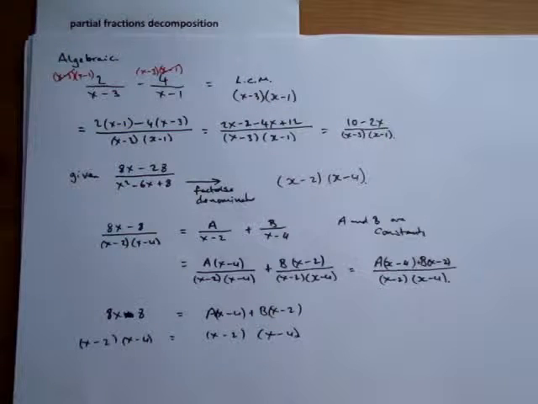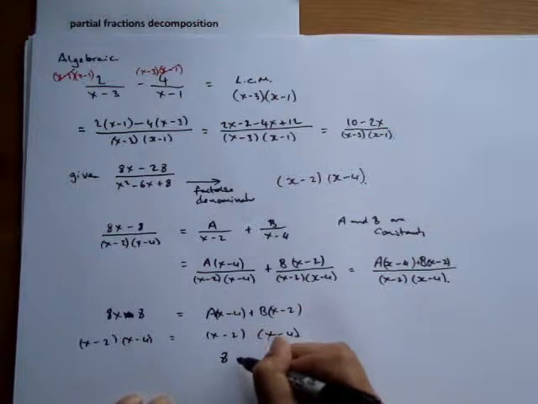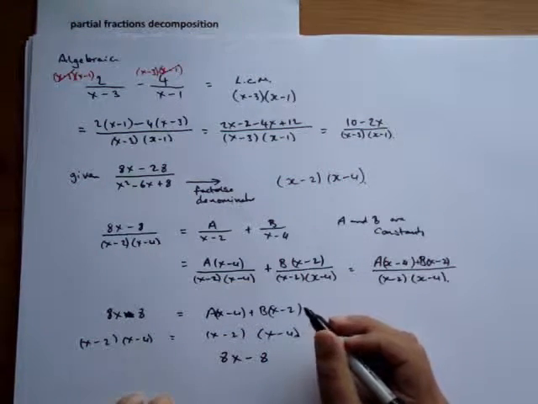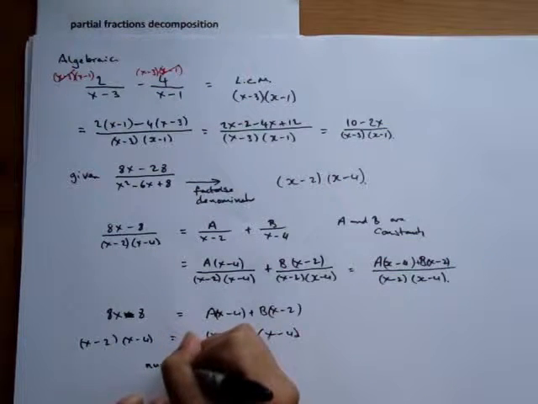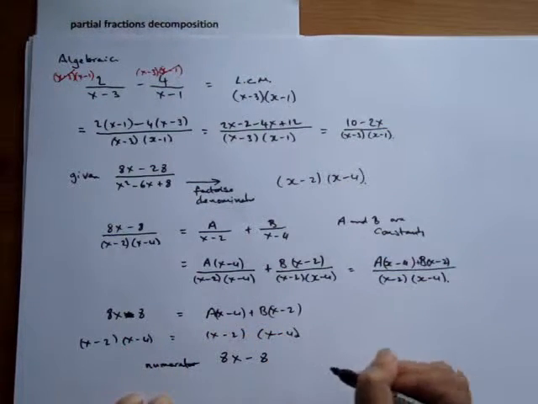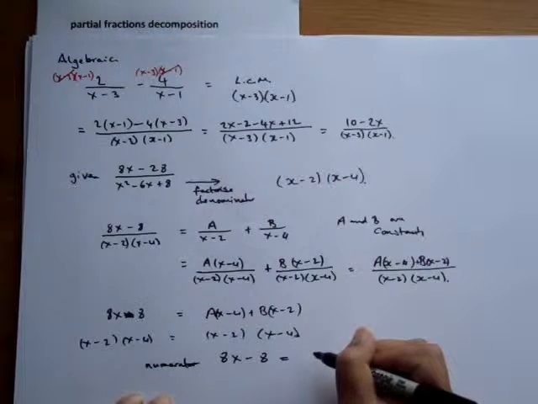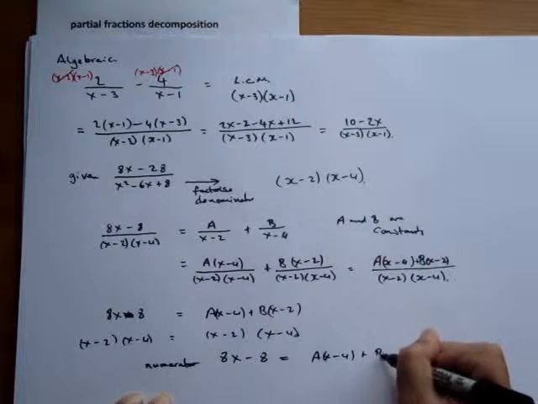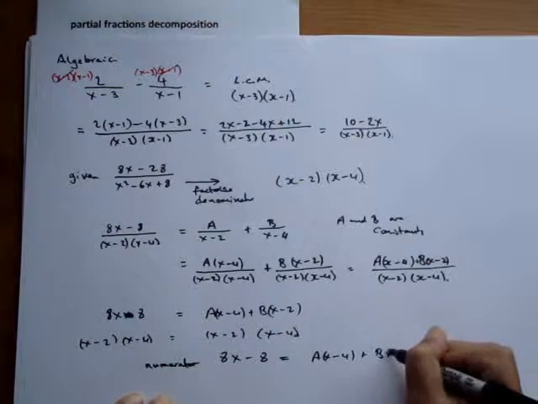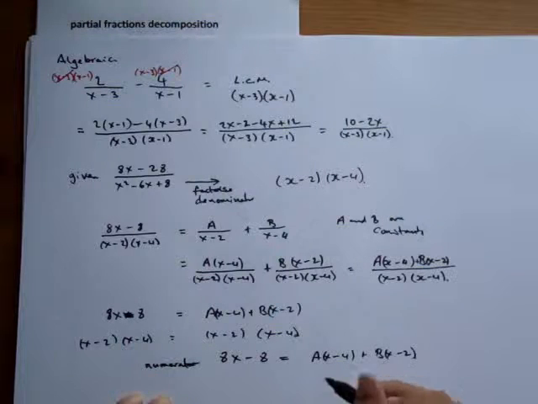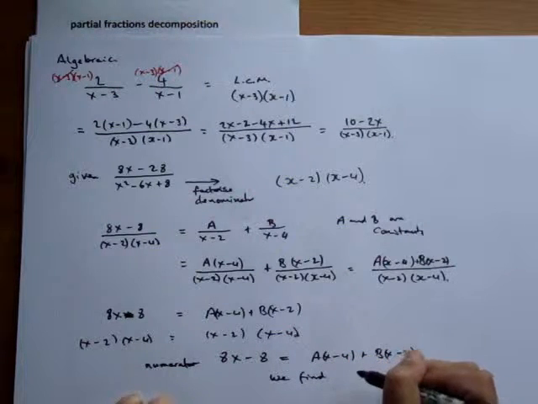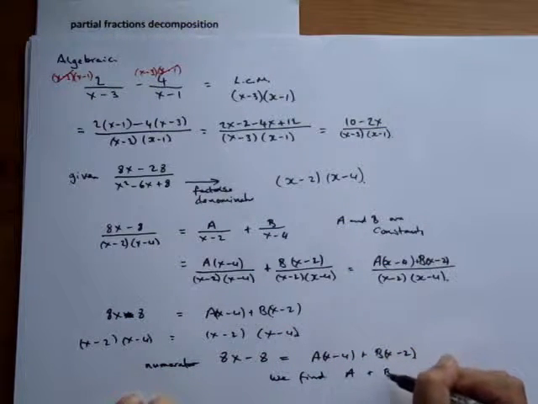So in this case our 8x minus 28, which is our numerator, equals A(x minus 4) plus B(x minus 2). And from this we find the constants A and B.